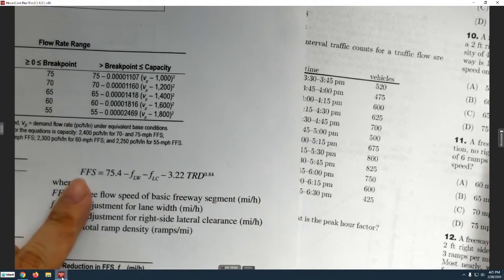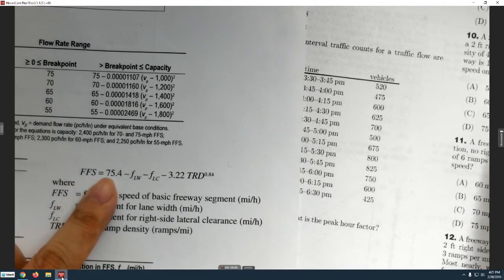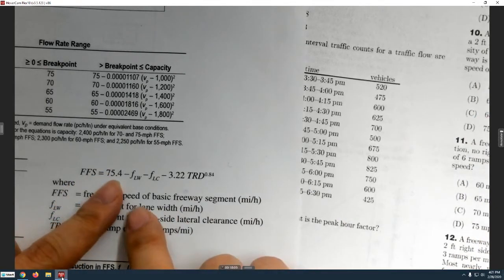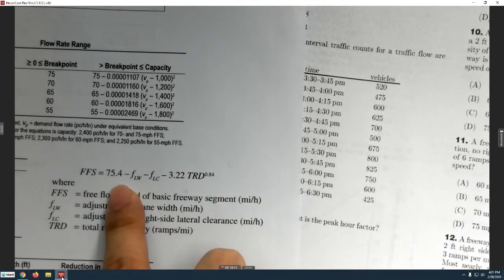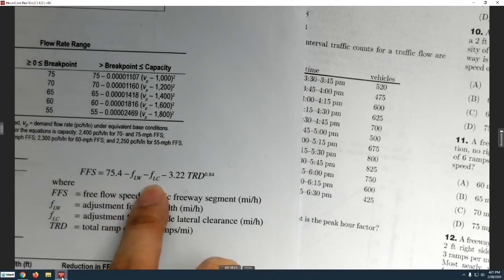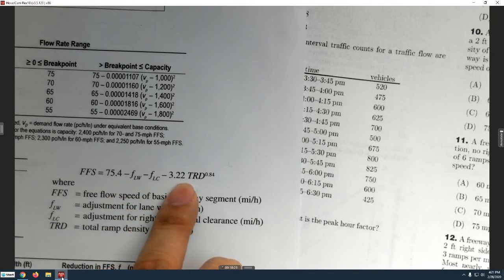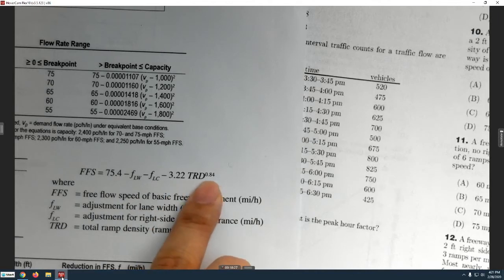So the free flow speed, you want to use the equation here. This is 75.4 minus 6.6 minus 2.4 minus 3.22 times 4 to the power of 0.84.